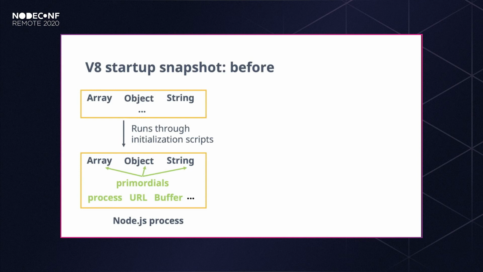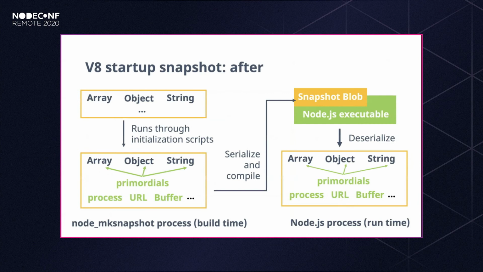So these scripts would in turn load a bunch of internal modules to complete the setup, and this took time. Now we run the scripts at build time and serialize the internal context into a blob that gets embedded into the Node executable. Then at runtime, instead of executing the scripts, we directly deserialize the result of the previous execution into a context, which speeds up the startup.